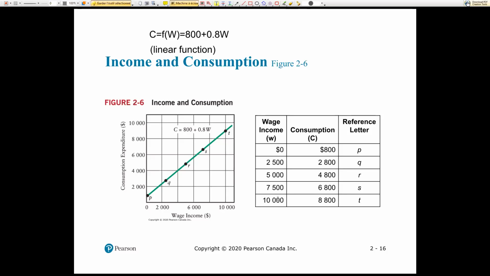When they have a very good year, they can save and put aside money for rainy days. Then the next year maybe they're unemployed, and they can tap into the extra savings they accumulated when they had a good wage to start consuming. That would be an interpretation of this relation.